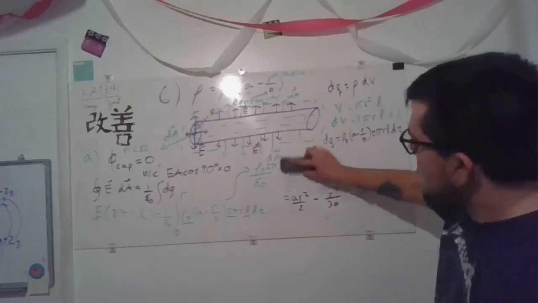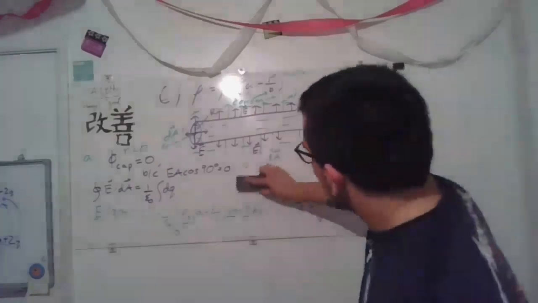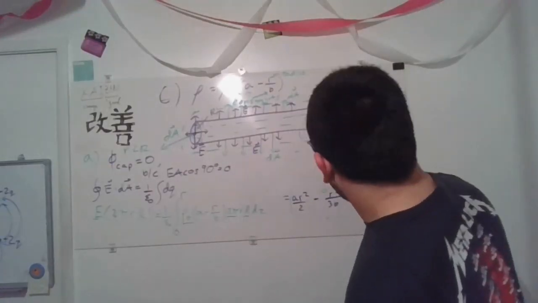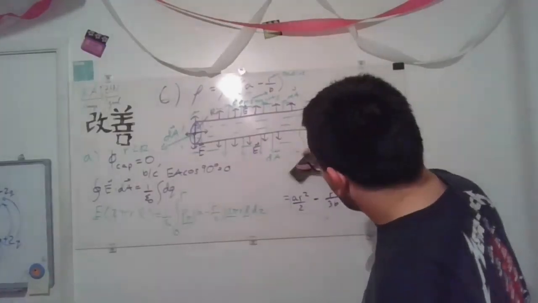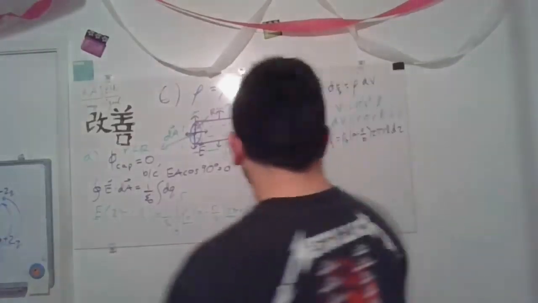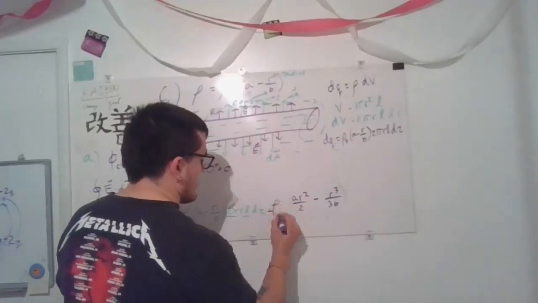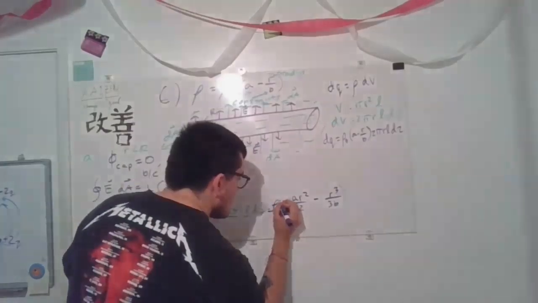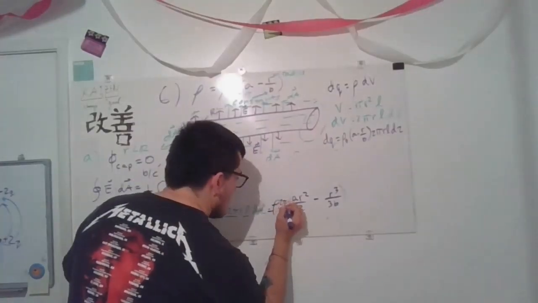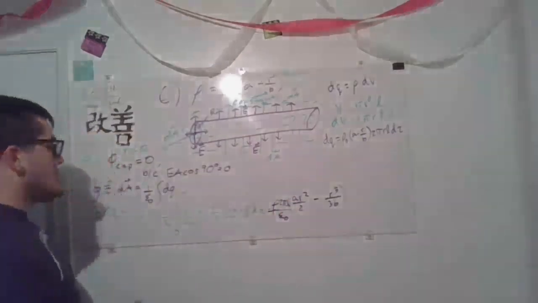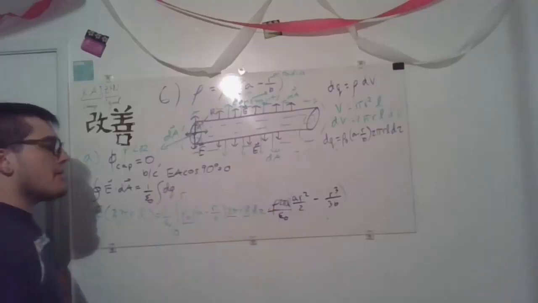So erase this integration, and then pull out everything over here: rho, Q, I, L over epsilon naught. So this is the whole right side of the equation.